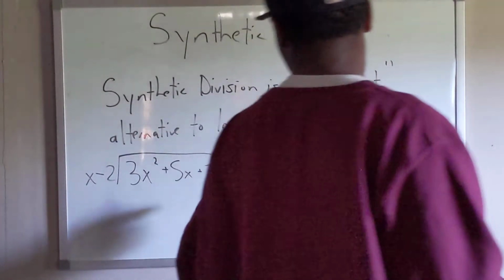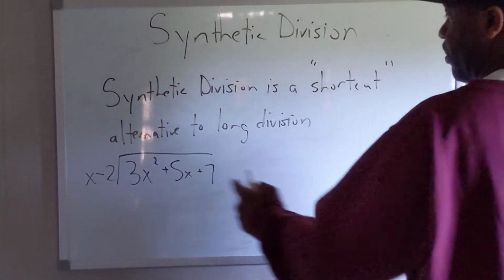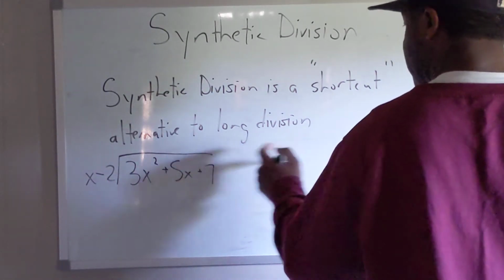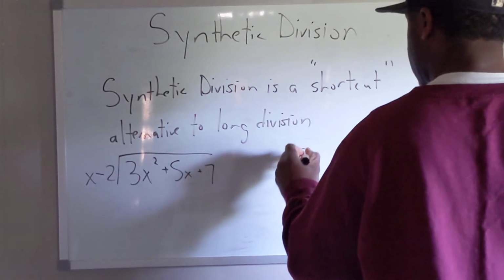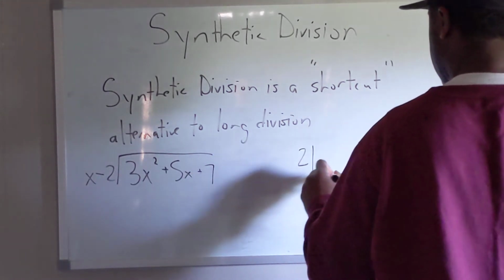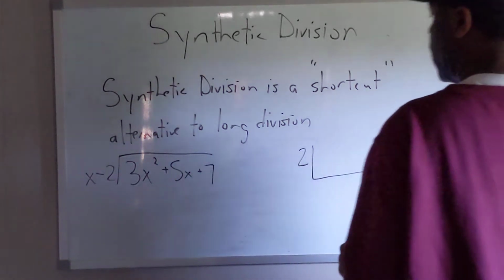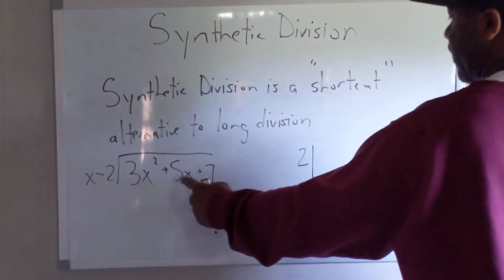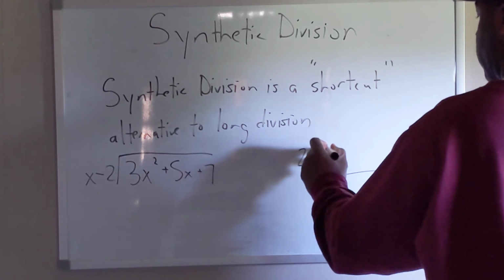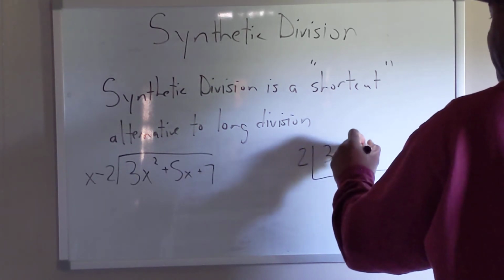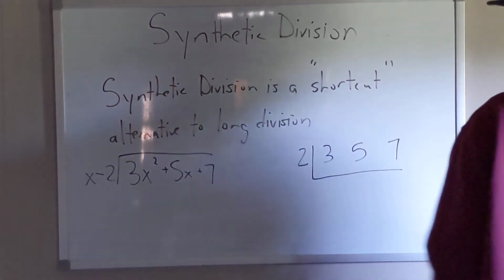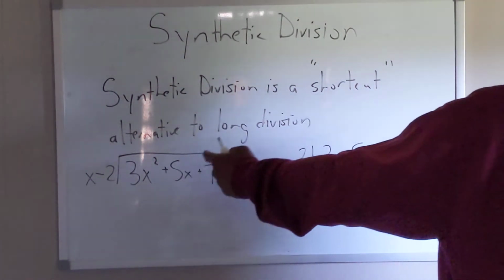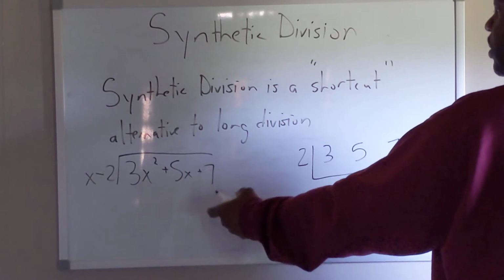Now, we write this same problem when we have x minus 2. Since it's minus 2, we put a positive 2 out here. And our coefficients, which are 3, 5, and 7, we write as 3, 5, and 7. We're not going to go through all of the motions of long division.